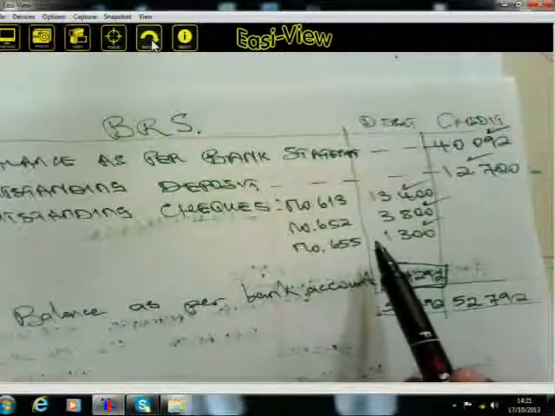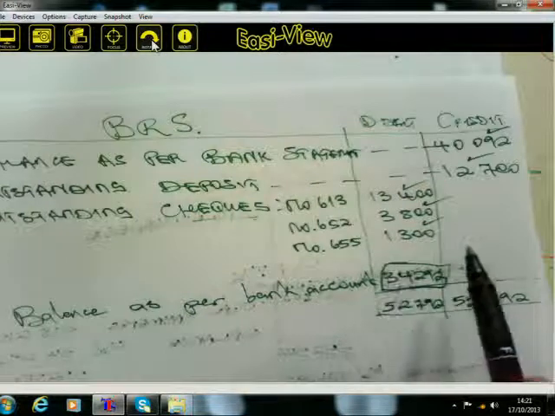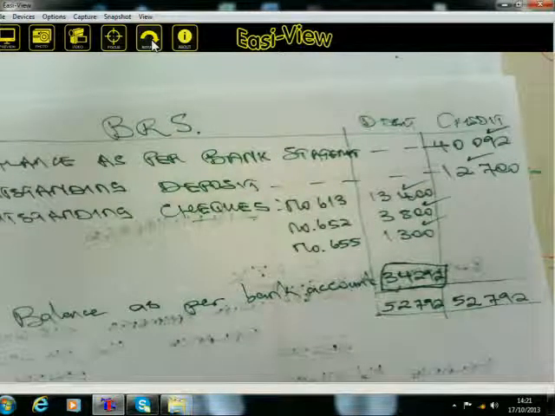As per calculations, the bigger side is the credit balance side with 52,792. You take the bigger side, you subtract what is on the debit side. The balancing figure or the difference between these two sides will reflect the balance as per bank statement. Therefore, if your amount from the bank statement and the general ledger bank records are not agreeing, yes, indeed, you must reconcile them.